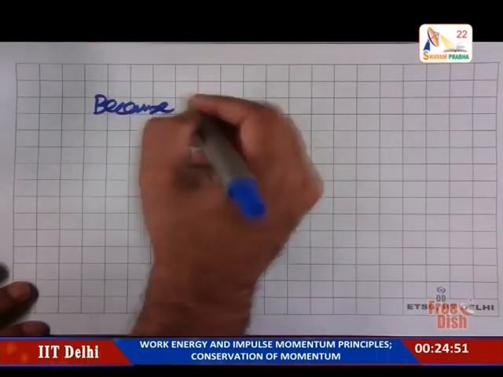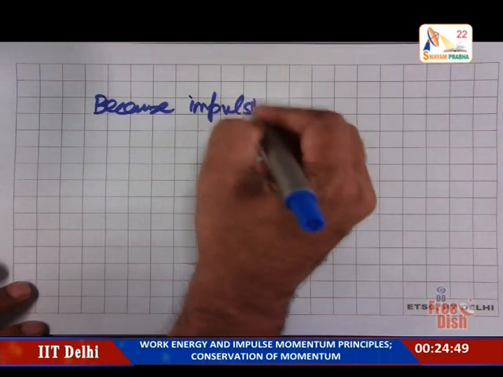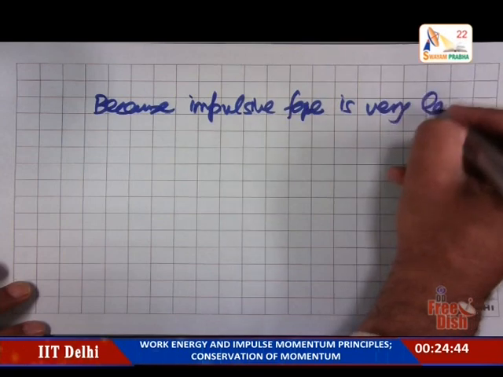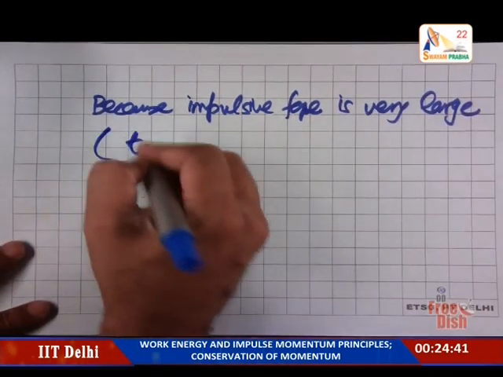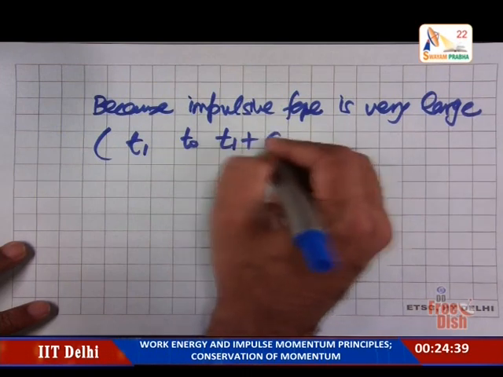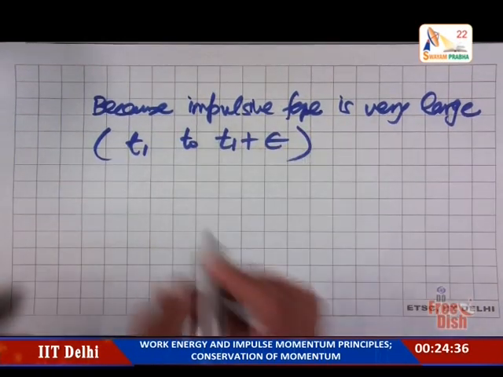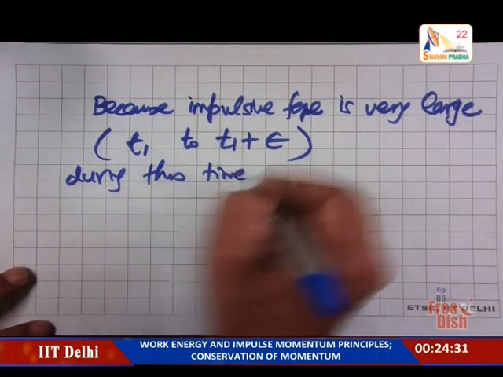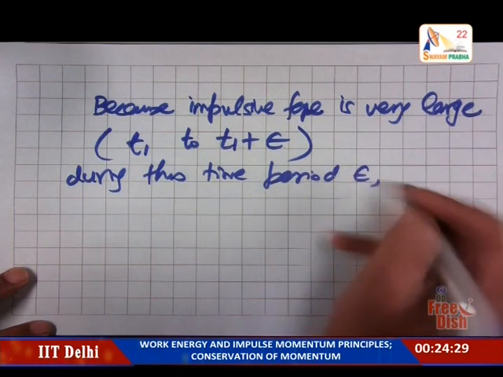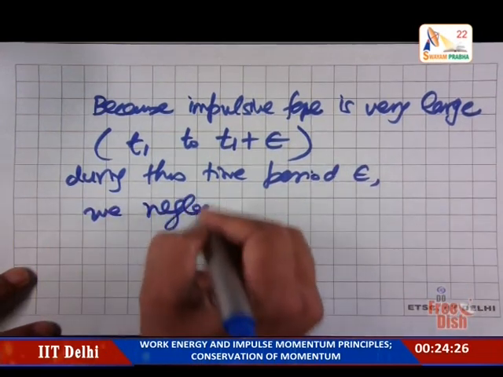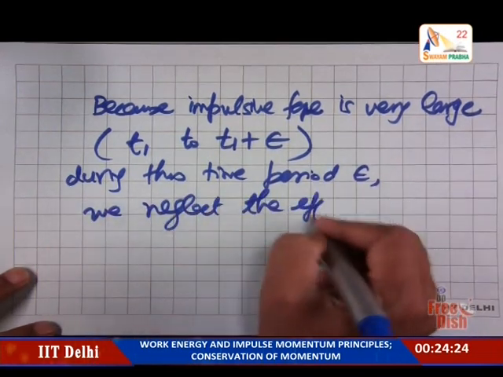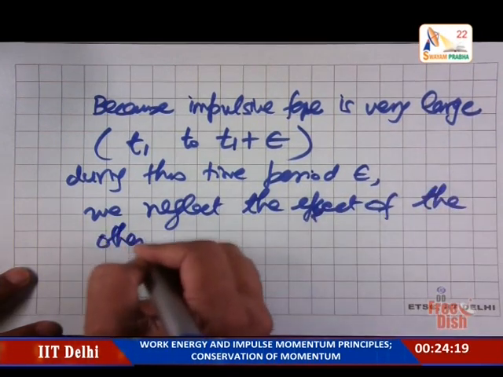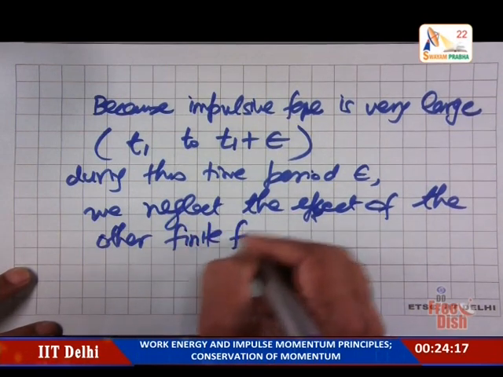But because the impulsive force is very large, and this force is acting from T1 to T1 plus epsilon, a very small period of time, during this time period epsilon, we neglect the effect of the other finite forces.